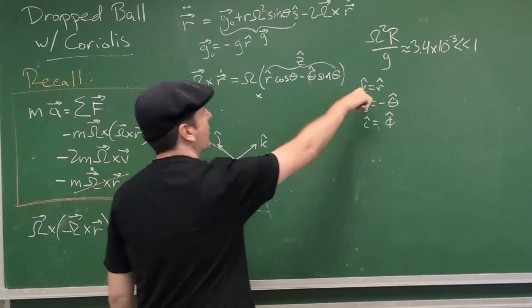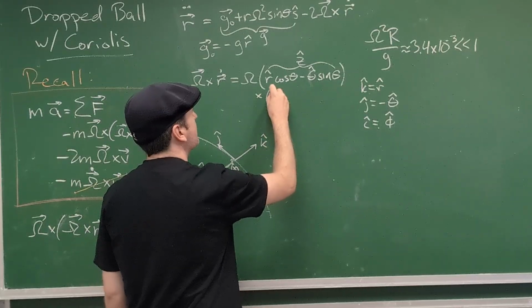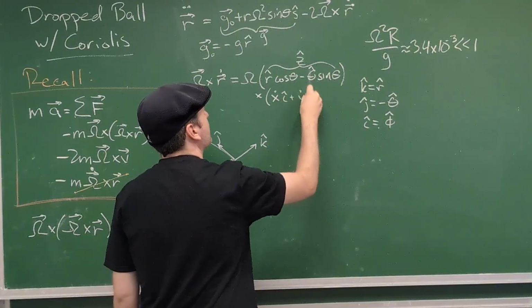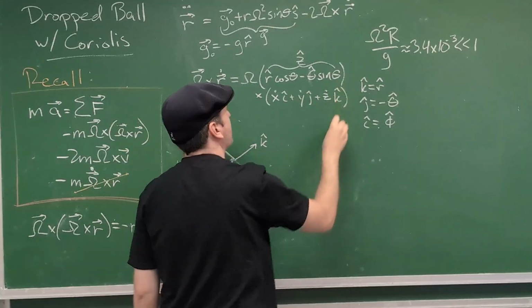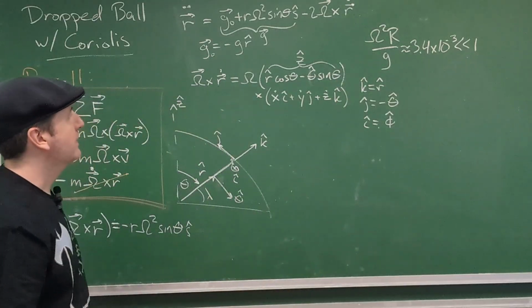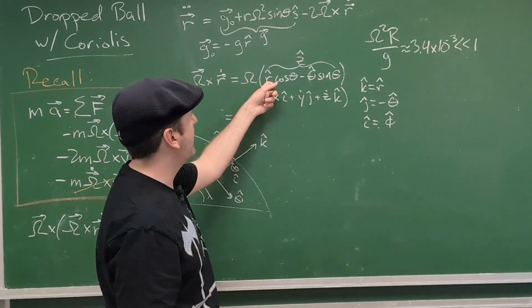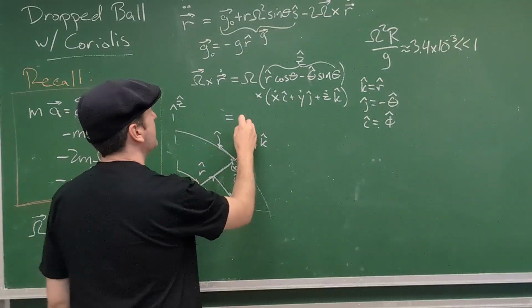And now we can write r hat very nicely, because it's just going to be x dot in the i hat direction, y dot in the j hat direction, and z dot in the k hat direction. Writing this out, notice again that r hat is k hat. So we can work this out piece by piece.